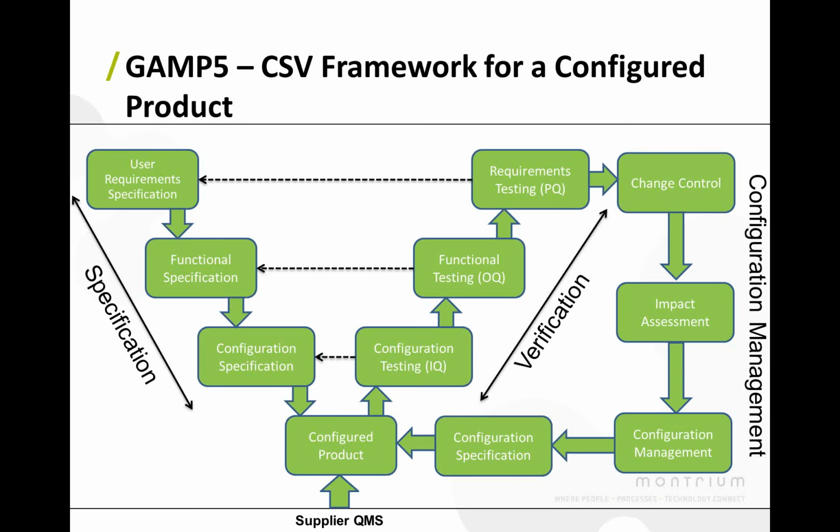So this diagram shows us how the GAMP 5 CSV framework works within the context of a configured off-the-shelf system. You'll see on the left-hand side that we have the various different specification documents that we need to produce to be able to configure the system.